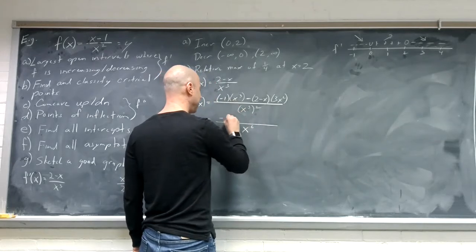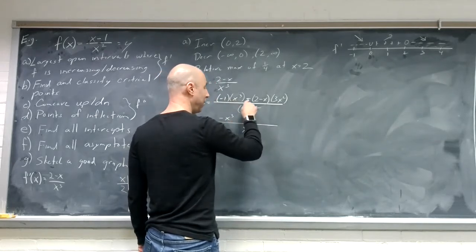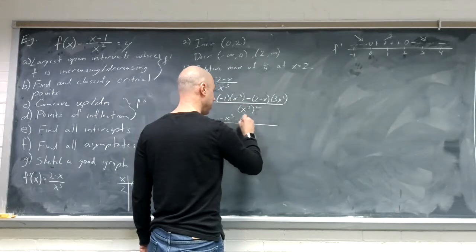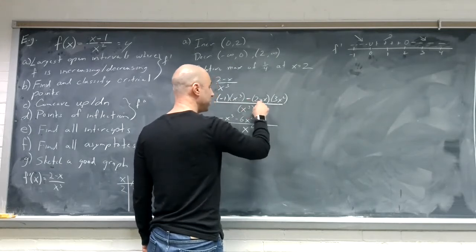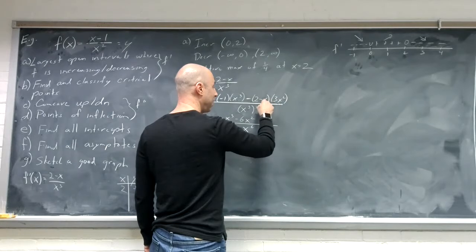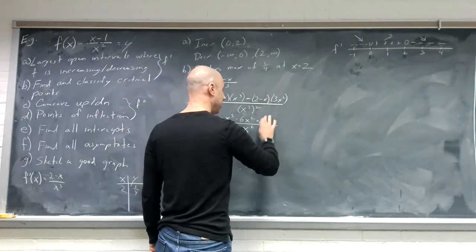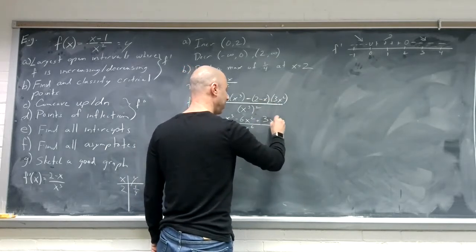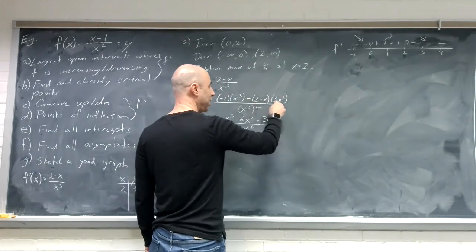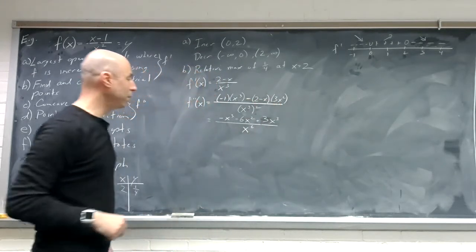We have a minus x cubed, and we have a minus 2 times 3, that's minus 6x squared. Minus times minus is plus. X squared times x is x cubed, so that's 3x cubed. So minus minus, and then the x times the 3x squared is 3x cubed.